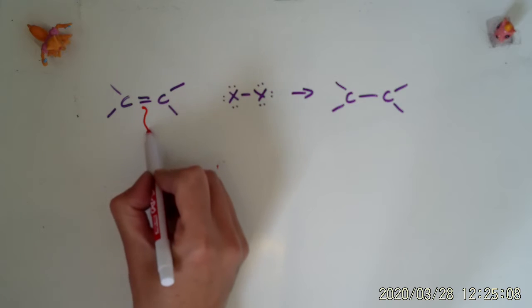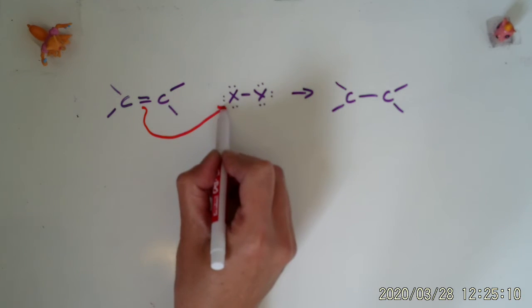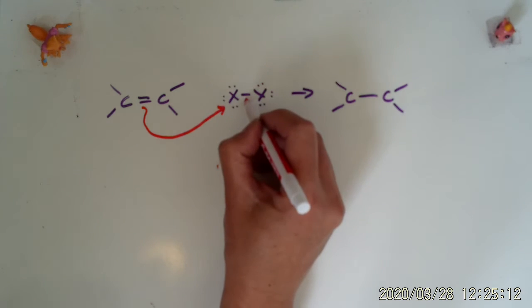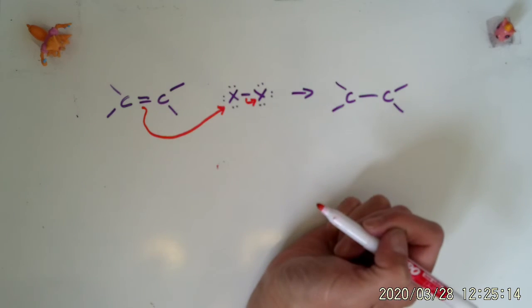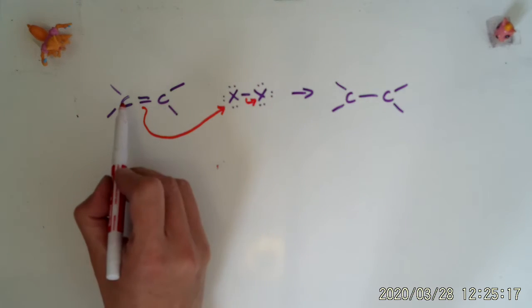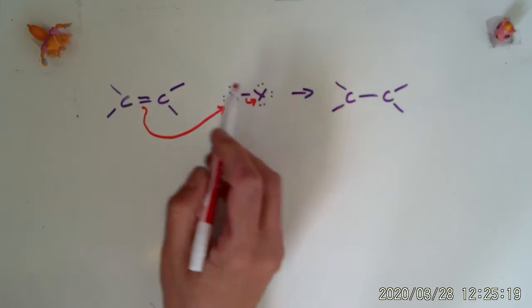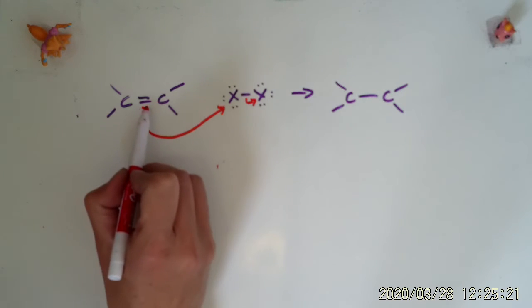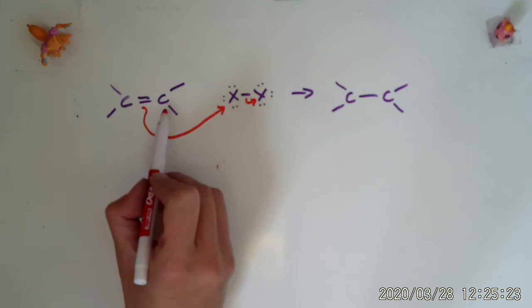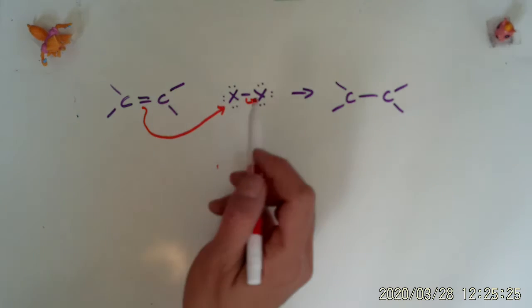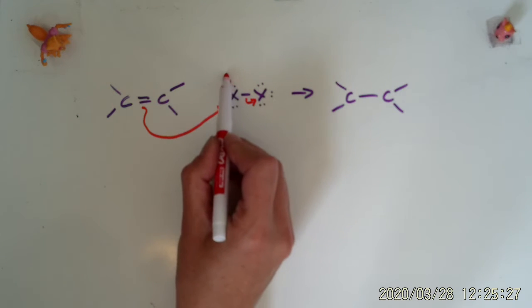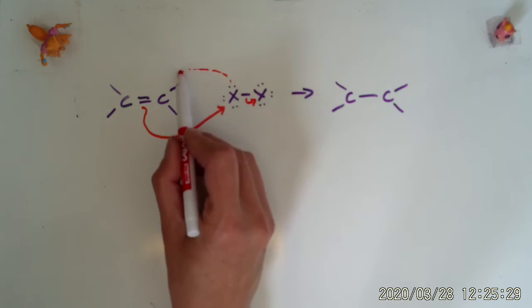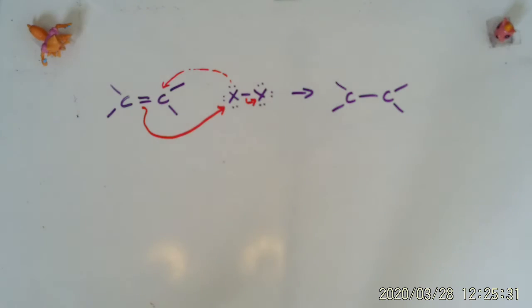These two electrons attack my halide and kick that one out. But remember, this one will have that. Now this is going to become positive because this took both electrons. Because it starts becoming positive, those electrons from my halide come back and attack that.